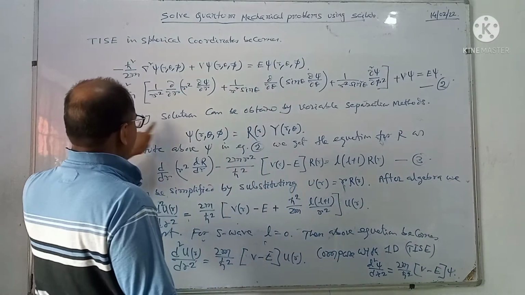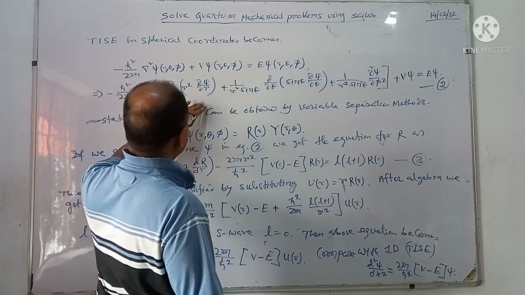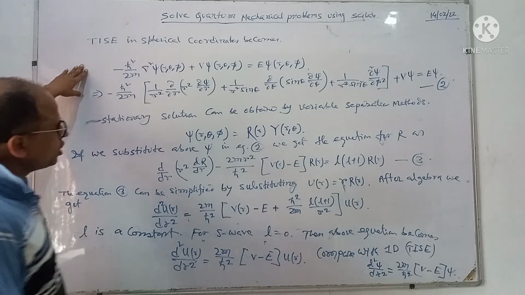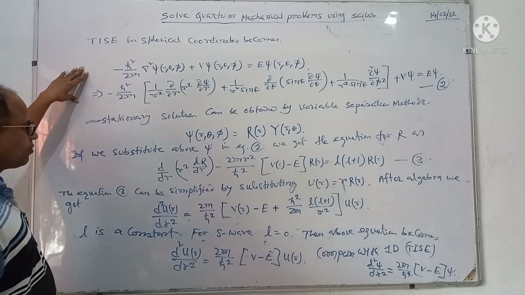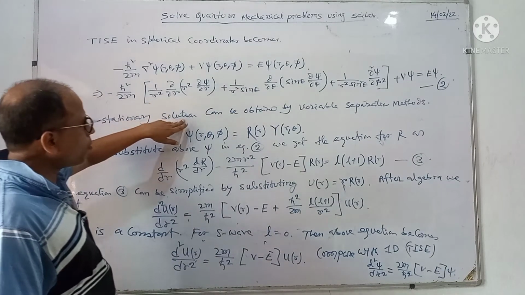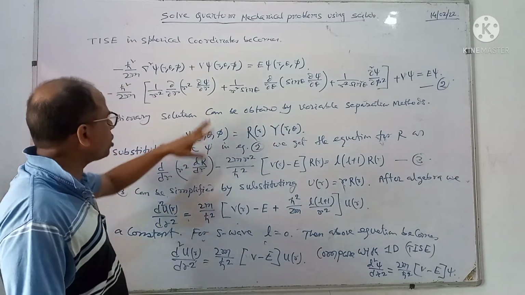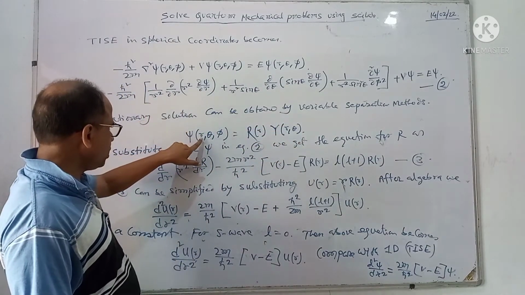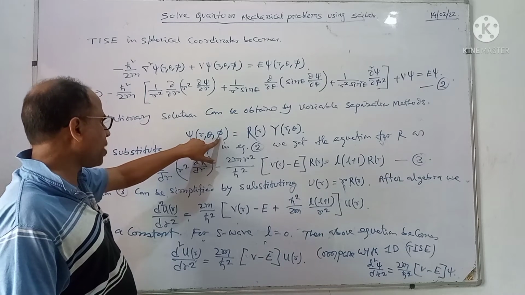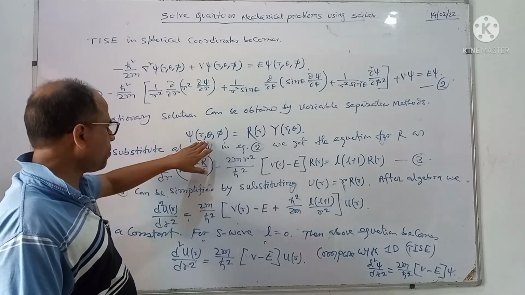Now, I already told you, we are interested in the stationary type of solution. The stationary type of solution can be obtained by the variable separation method, because here psi depends on r, theta, phi. I will separate the variables from each other.